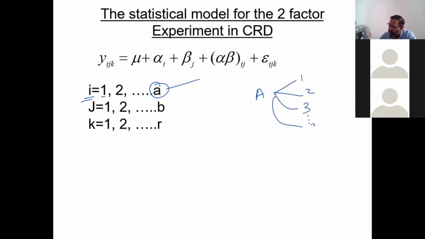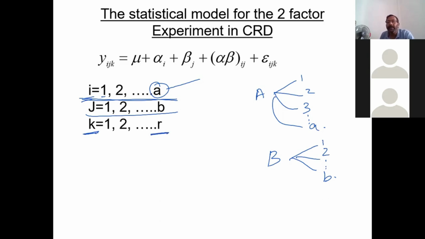So likewise, up to A. Similarly, factor B, starting from 1, 2, goes up to B. So the digit I indicates factor A, digit J indicates factor B, digit K indicates our replicate.